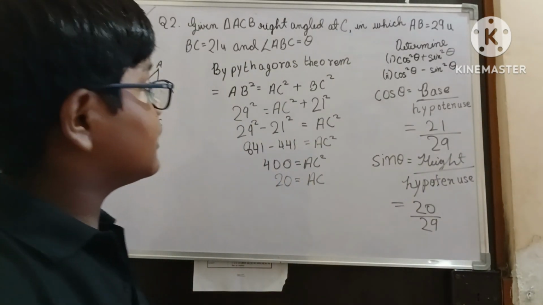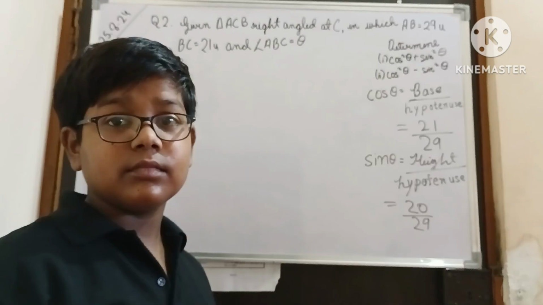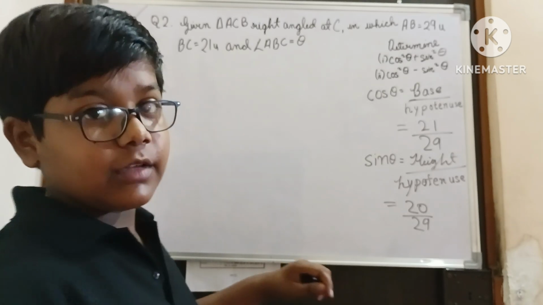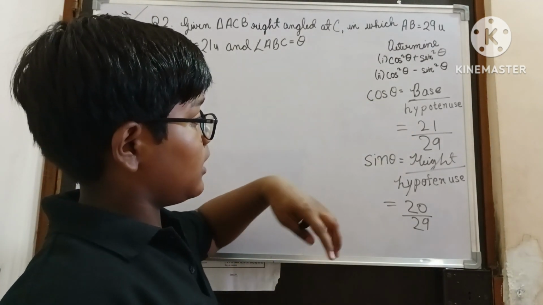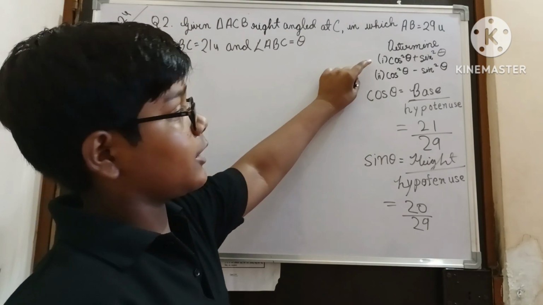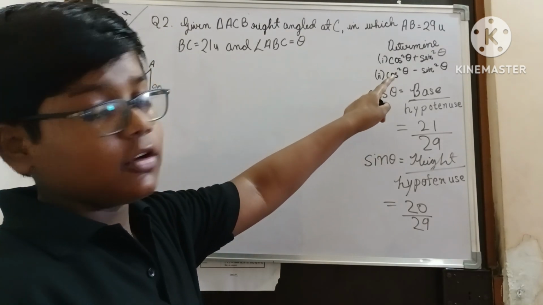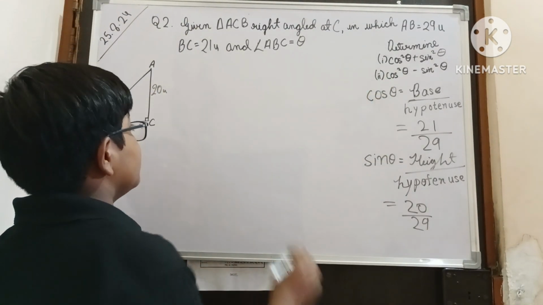So the value of sin theta will become 20 upon 29. So we have found the values of sin theta and cos theta. So according to these values, we will determine the value of cos squared theta plus sin squared theta.